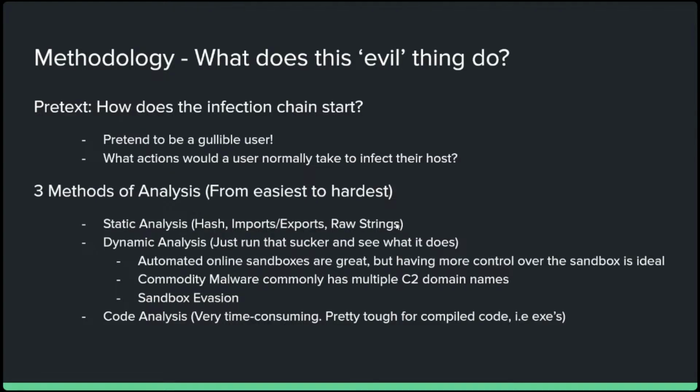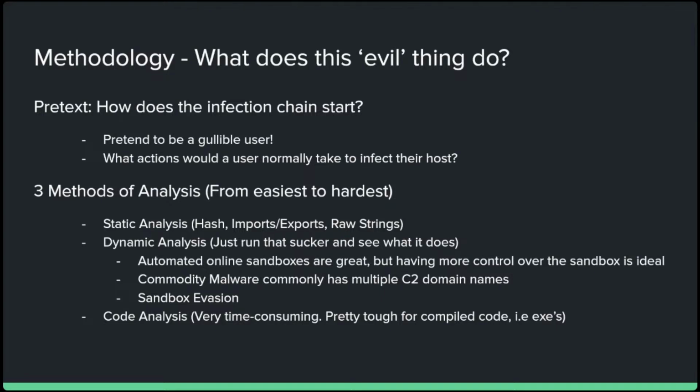Is there actually text saying, hey, this is malware, don't run it? Does it import or export malicious or suspicious DLLs? Is it packed, or maybe compressed? So can we get anything just by looking at it, without executing it?